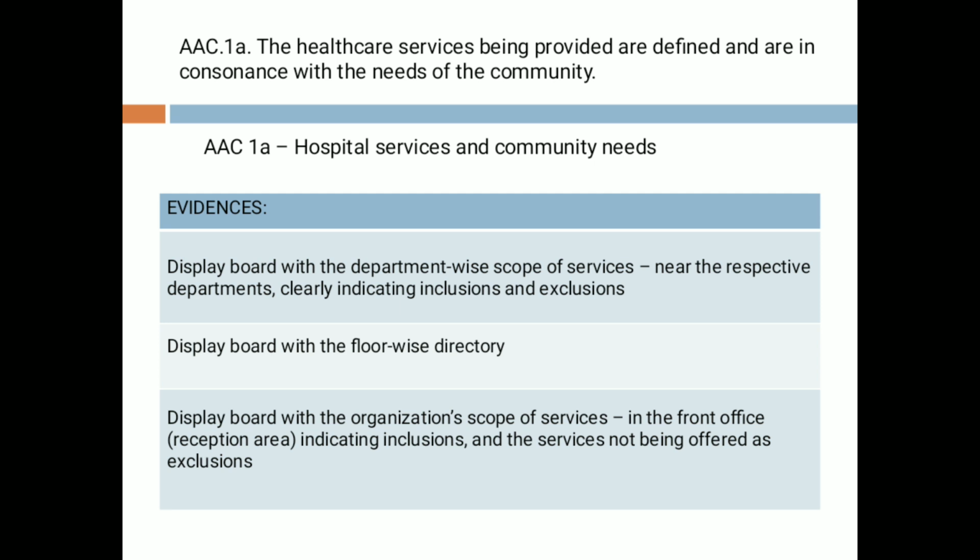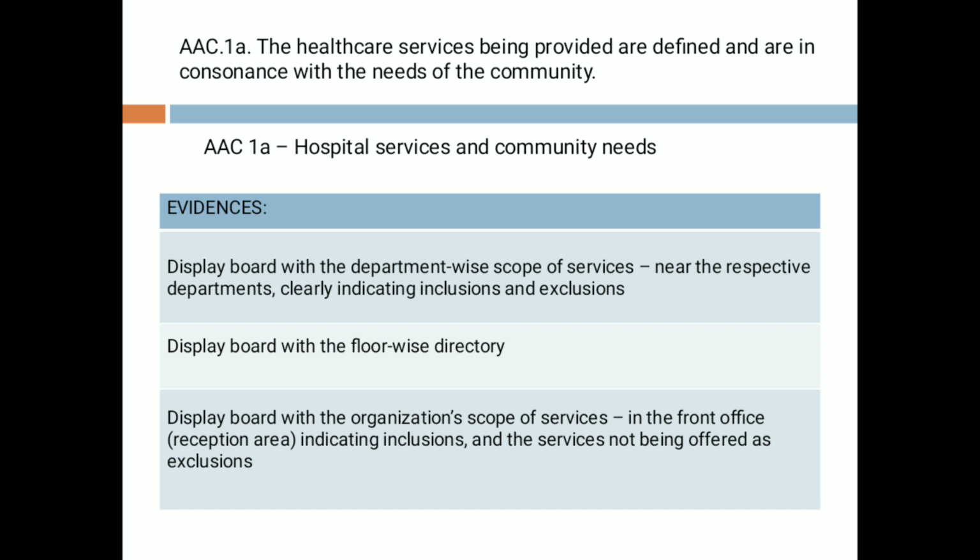Objective element AAC.1A speaks about hospital service and community needs. Evidences required are a display board with the department-wise scope of services, which should be near the respective departments, clearly indicating the inclusions and the exclusions.